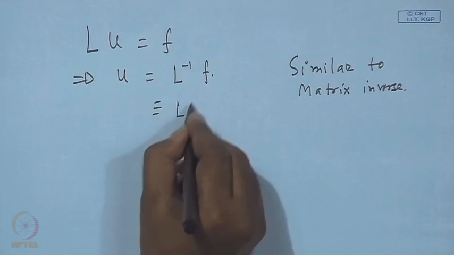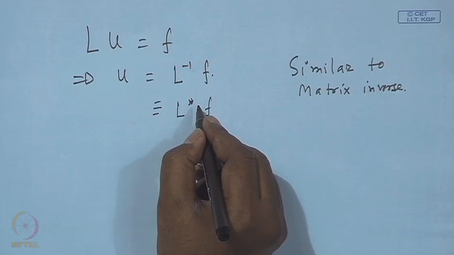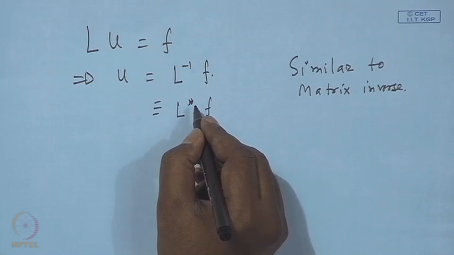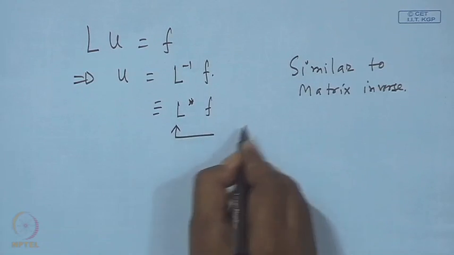This is equivalent to L star f. What is L star? We made it L star as L inverse, and this we consider the same as the adjoint operator.